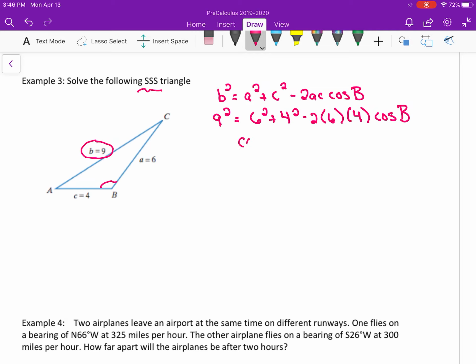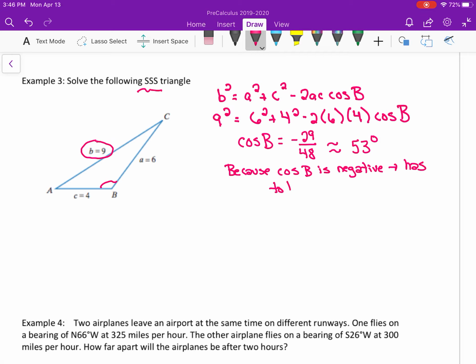When you put this in your calculator, you should end up with cosine of b equals negative 29 over 48. All right? And when you put that in your calculator, you get about 53 degrees. But because cosine of b is negative, this has to be in quadrant 2, which means we have an obtuse triangle, which you can see from the picture.